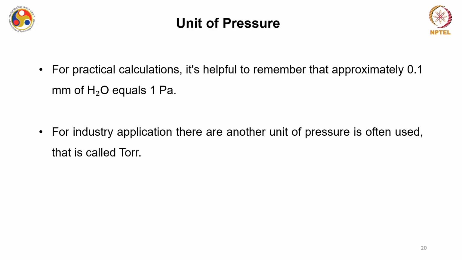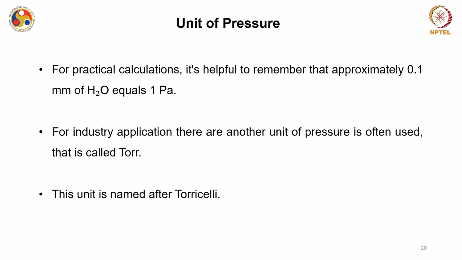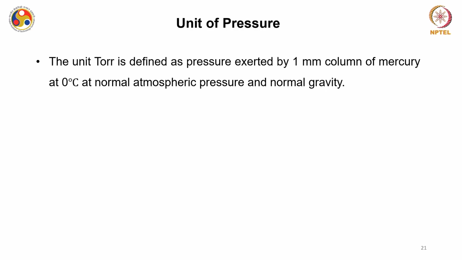For industry applications, there is another unit of pressure which is mostly in terms of torr. Mostly the vacuum systems that you will be dealing with, if you go into deposition and other systems, the units are mostly in terms of torr. The unit is named after Torricelli. The torr is defined as the pressure exerted by a mm of a column of mercury at 0 degrees Celsius at normal atmospheric pressure as well as at normal gravity.